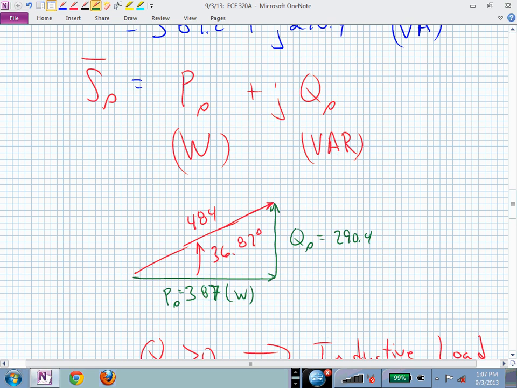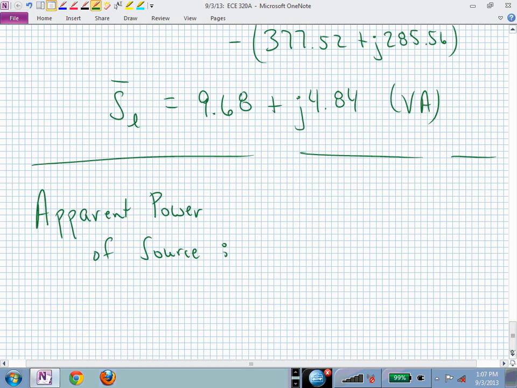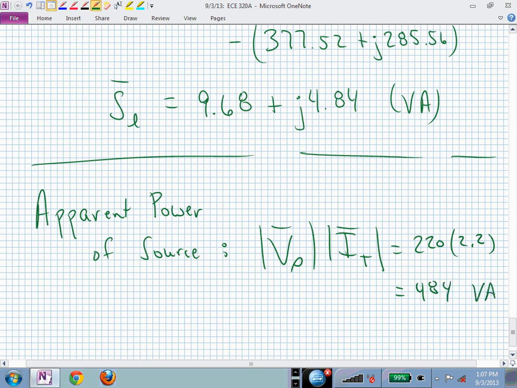That's just the length of that hypotenuse. So that's 484. That's our apparent power. The apparent power of the source is then V sub S, I sub T, their magnitude, which is 220 and 2.2, which is 484 volt amperes. And that was in the triangle.